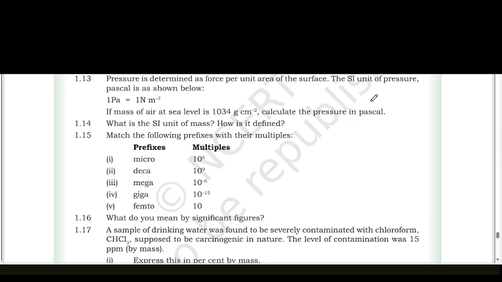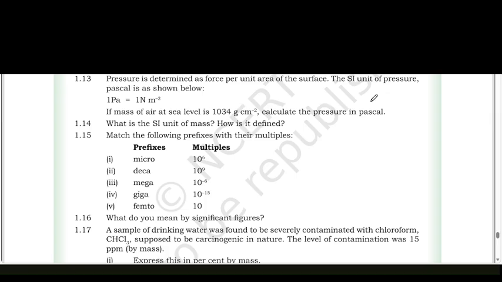If the density of methanol is 0.793 kg per liter, what is its volume needed for making 2.5 liter of 0.25 M solution?